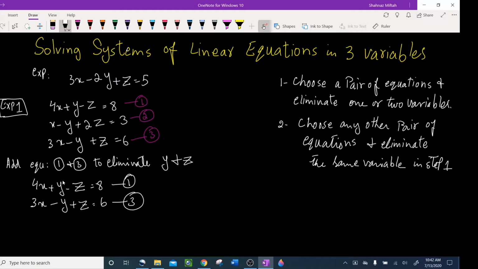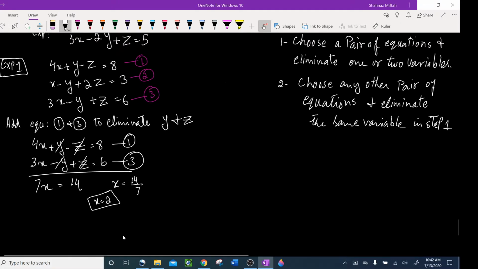Okay, now I can cancel out these terms, and I'm left with 4 plus 3, 7x equals 14. 8 plus 6 is going to give me 14, and I can get the x by itself. 14 divided by 7, which is going to give me x equals 2. Okay, so I got one variable already. I got the number for x.